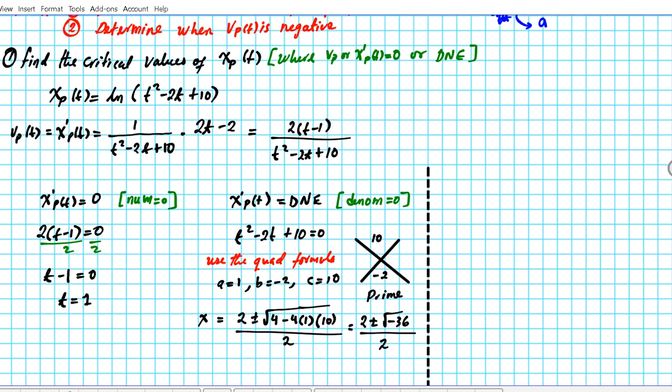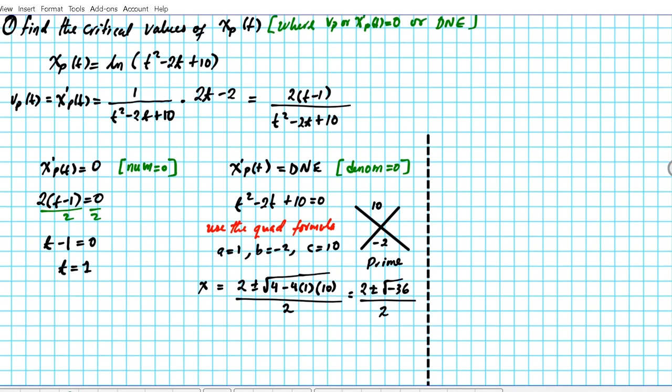Let's simplify that. That's going to give us x is equal to 2 plus or minus... okay, we have a situation here. We have imaginary roots. Whenever you have imaginary roots, they cannot be considered. We're only looking for real number values for our critical values. So this is 1 plus or minus 3i.